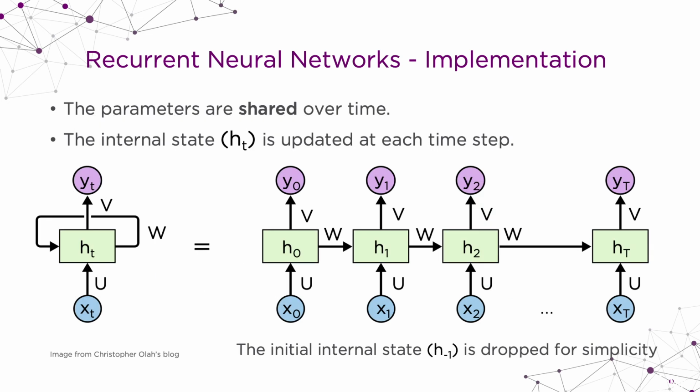If you focus on the part on the right here, you see that again we have the RNN going over the various time steps. And if I focus on the parameter W, it's always the same. It's W in the first step, it's W in the second step, and so on. So we are using the same parameter again and again. That's because the recurrent neural network is always applying the same function at every time step. That means we always use the same parameters at every time step. And we will see this has an impact on training.